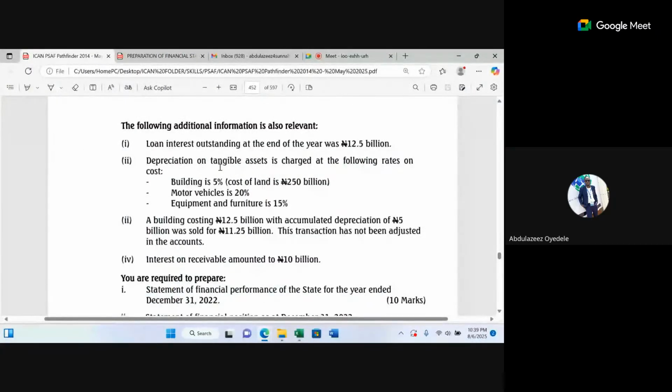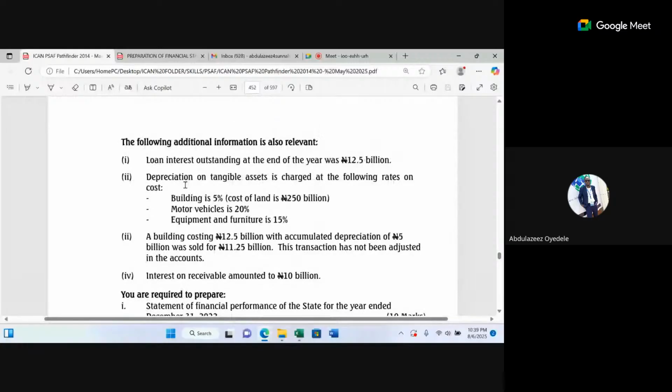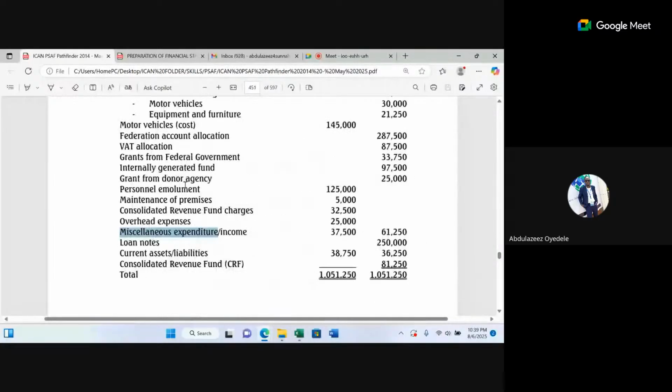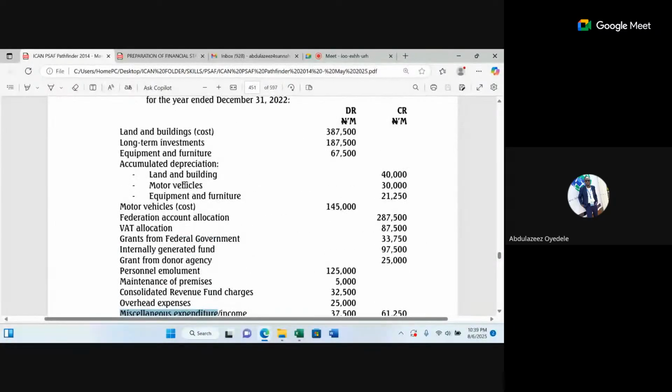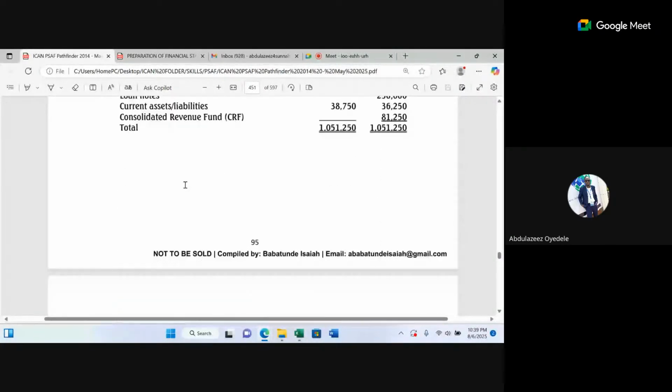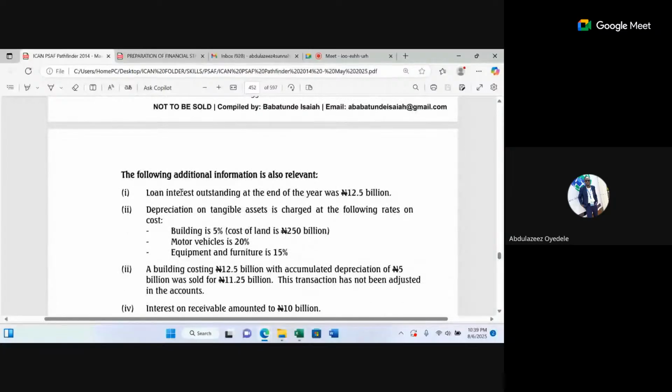Okay, so let's calculate the depreciation on building. From the question, we are told that the cost of land and building is 387,500. But here we are told that the cost of land from that 387,500 is 250 billion.